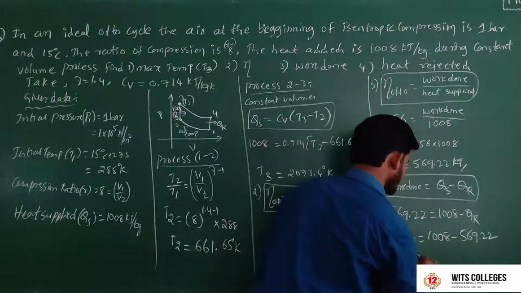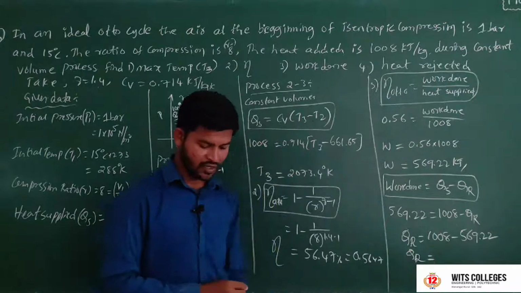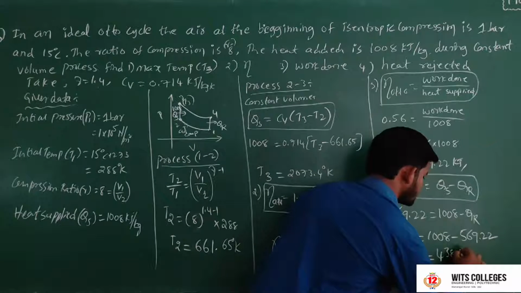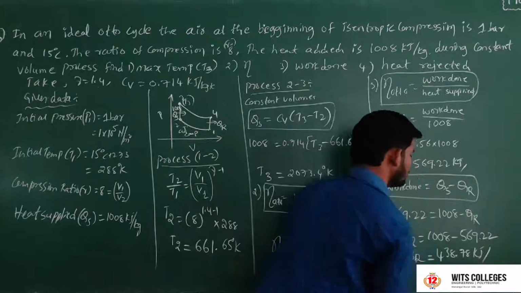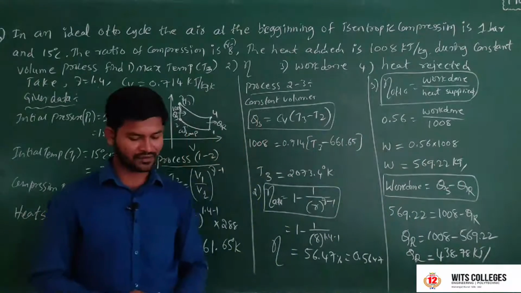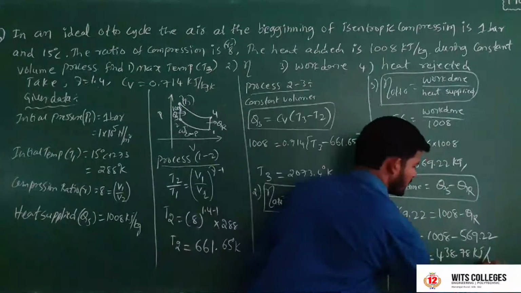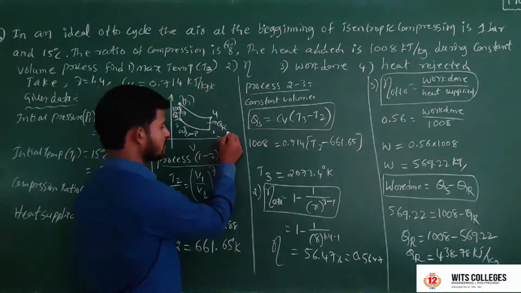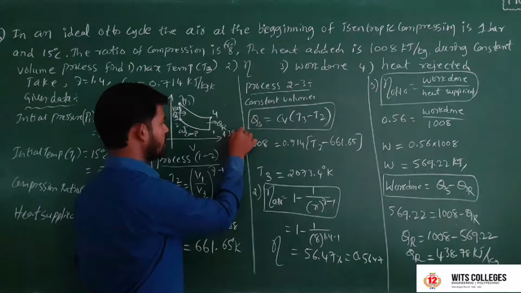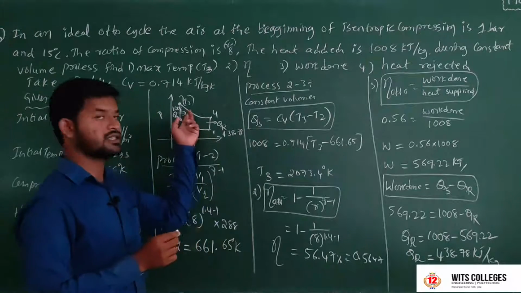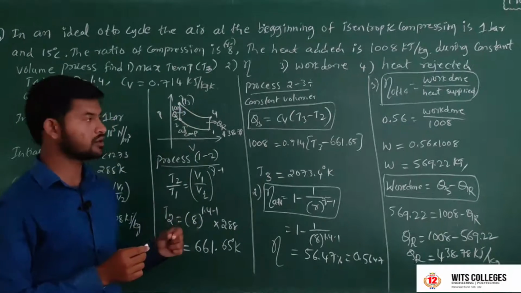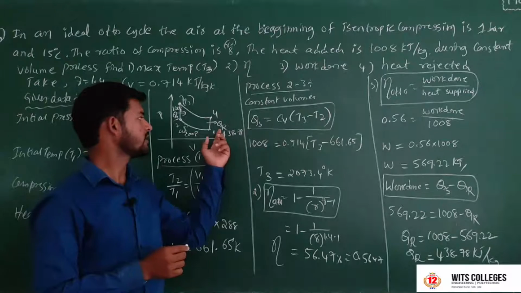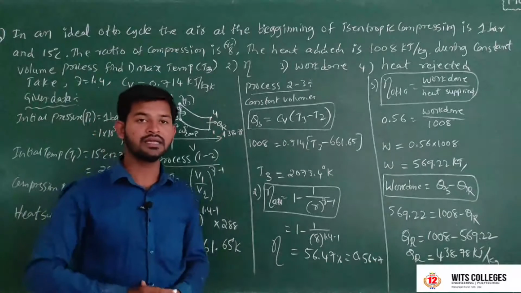Then Q rejected is nearly 438.78 kilojoules per kg of heat rejected from this system. 1008 kilojoules per kg of heat is supplied, and 438.78 kilojoules per kg of heat is rejected.